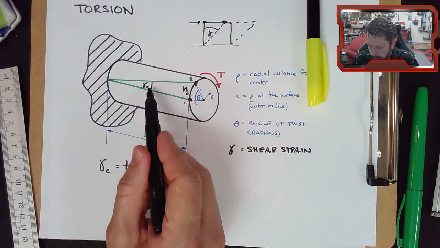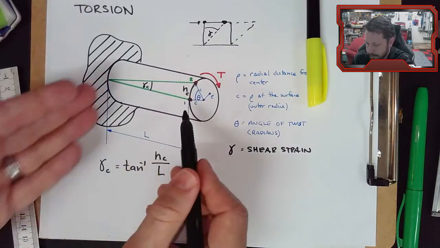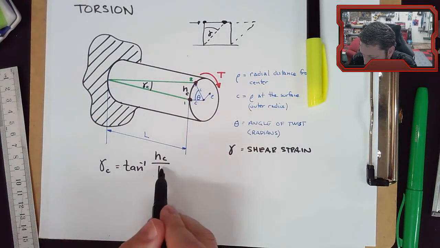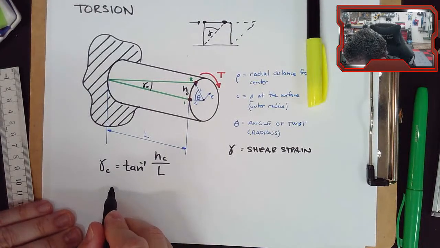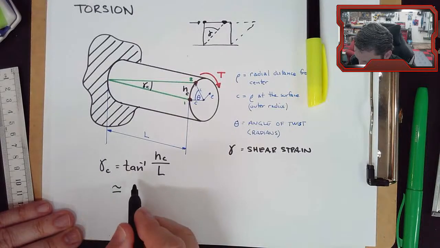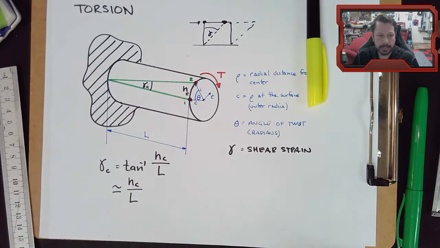It's a very small amount of twist. This point doesn't really wrap around a lot of times unless the thing is really, really long. And so when we have really small angles, we can say that pretty much this shear strain is equal to HC over L. You don't have to do the inverse tangent when you're dealing with these really small angles in radians.